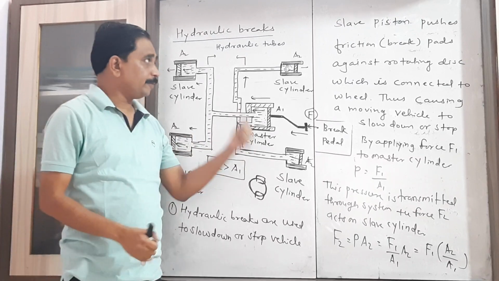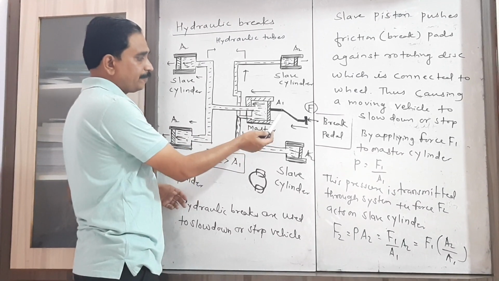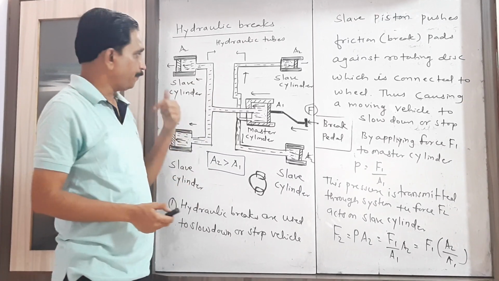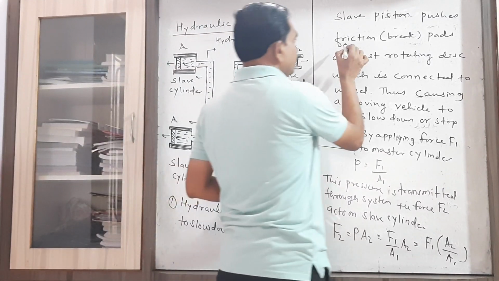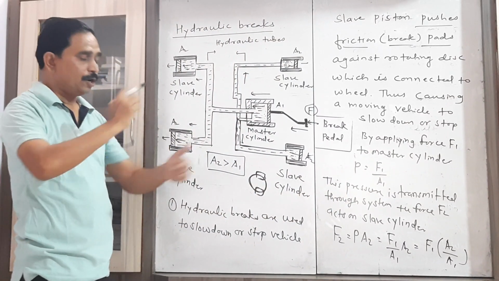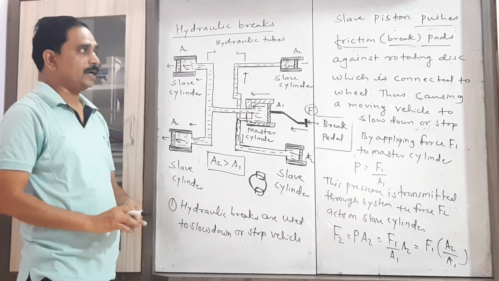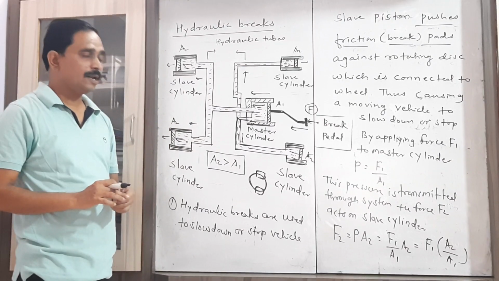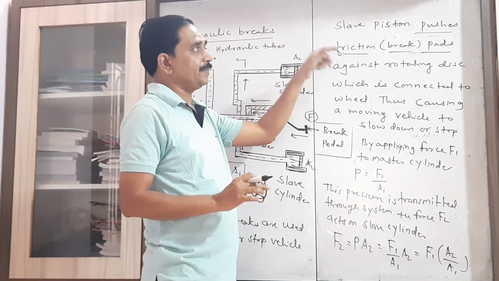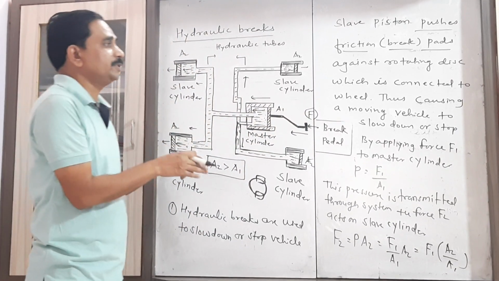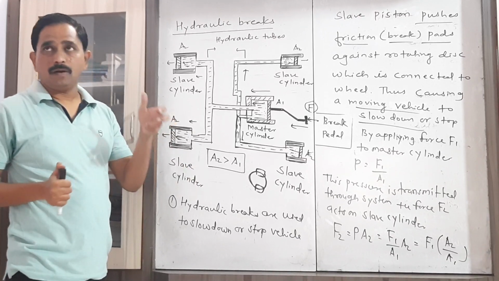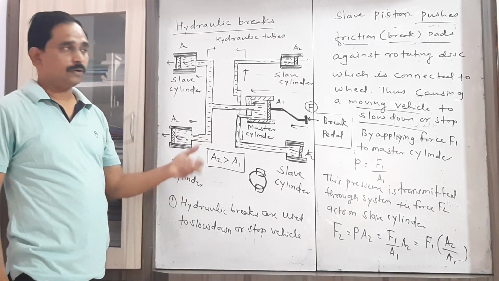The force transferred from the master cylinder to the slave cylinder makes the piston of the slave cylinder push the friction pads, called brake pads, against the rotating disc, which is connected to the wheel. These friction pads oppose the motion of the wheel of the vehicle, which slows down or stops.